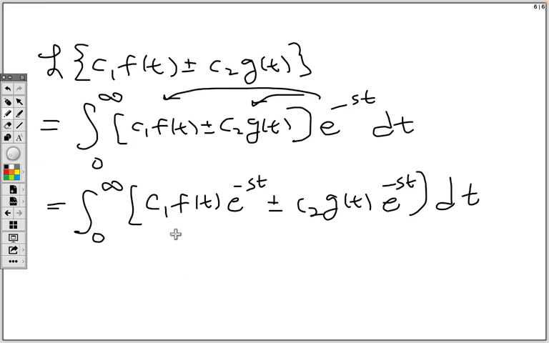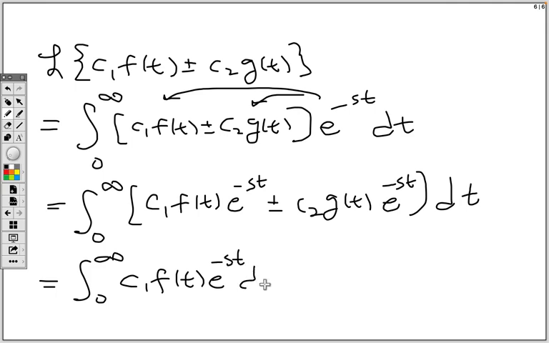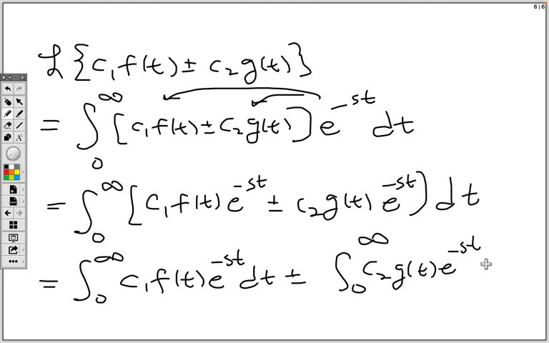And then assuming these integrals involving f of t e to the minus st and g of t e to the minus st exist, we can use, at this point, the linearity of the integral. So break it up over addition and subtraction. And then for the last piece, we can just factor out those constants.